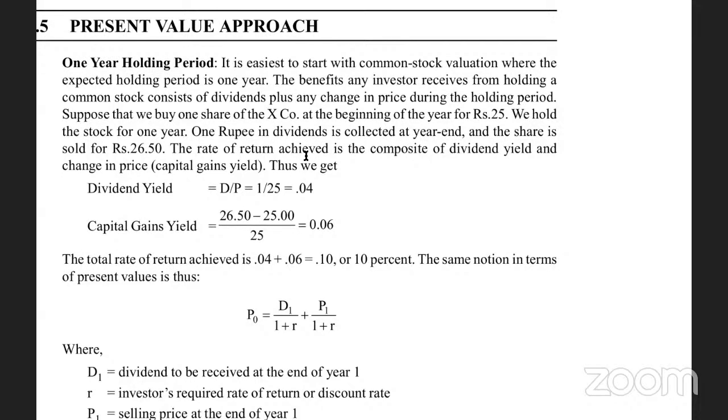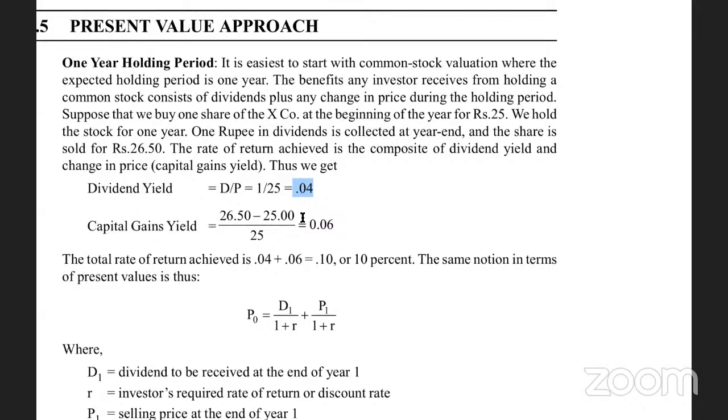The rate of return achieved is the composite of dividend yield and change in price. Look at this. Dividend yield is equal to D by P. 1 rupee dividend by the price of the stock, 25, gives you 0.04 or 4%.